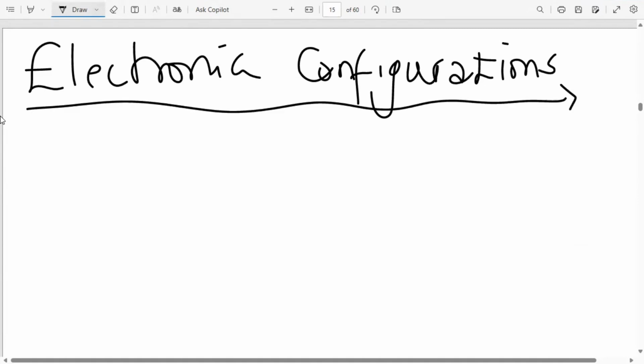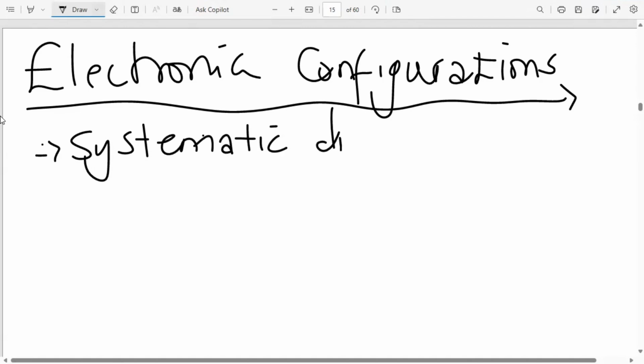And some of the rules that govern the filling of electrons in these spaces that we've described. So, how can we define electronic configuration? This is just a systematic distribution of electrons.